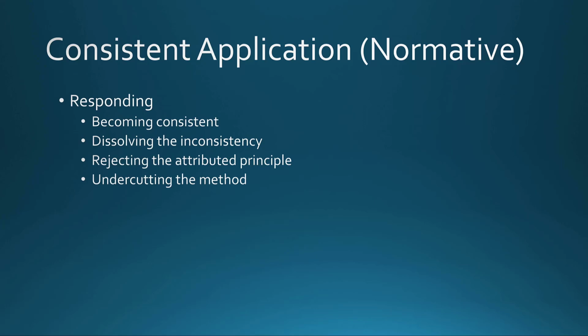Now, out in the wild, the real world, people generally don't lay out their moral principles. They don't say, my moral principles are this, that, and this, therefore I hold to these particular views. Often people will just say things, and you kind of have to guess at their principle.